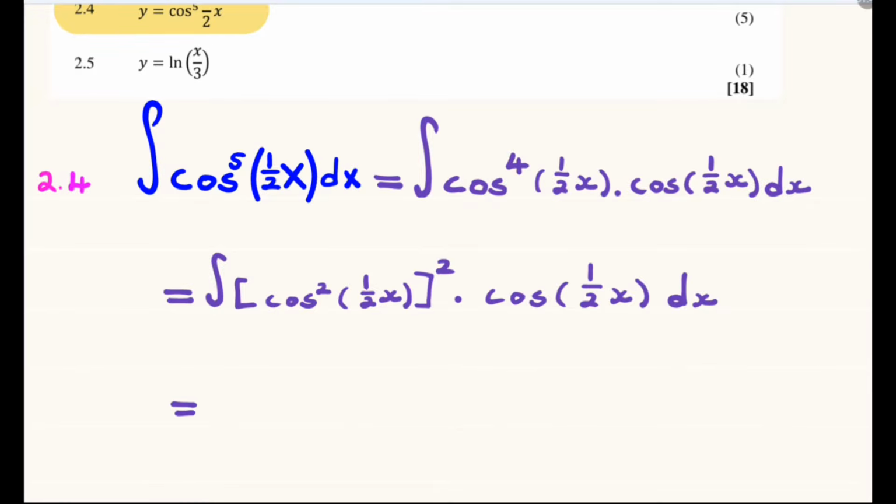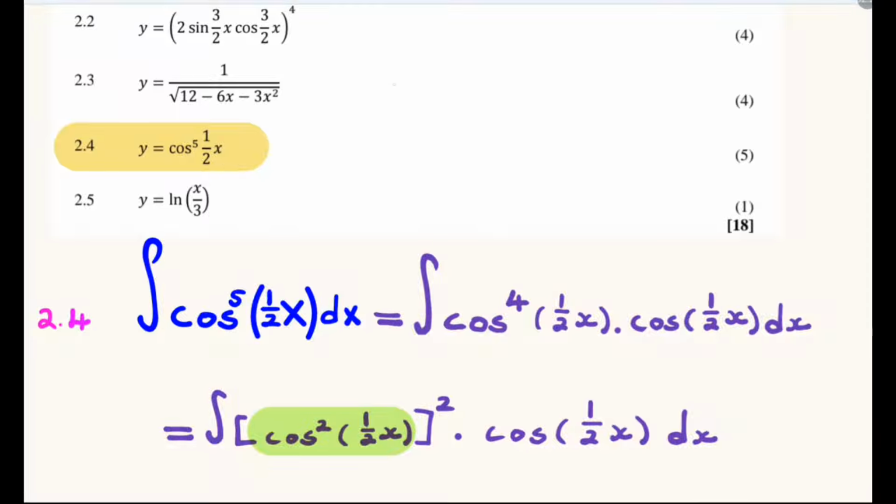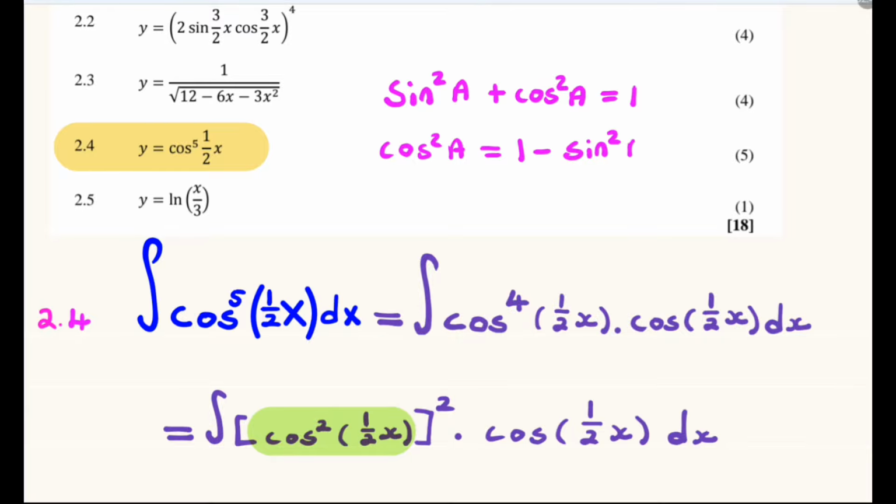We are going to use a trigonometric identity to express the cos squared of half of x. So the trigonometric identity, sine squared a plus cos squared a is equal to 1, and cos squared of a will be equal to 1 minus sine squared of a.